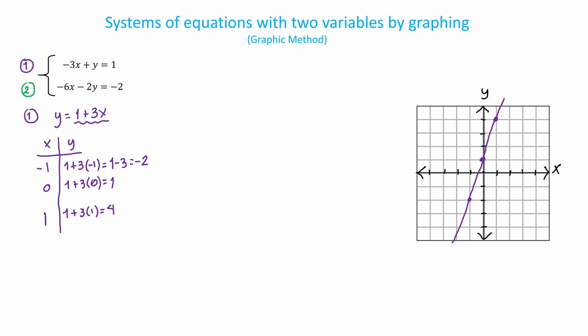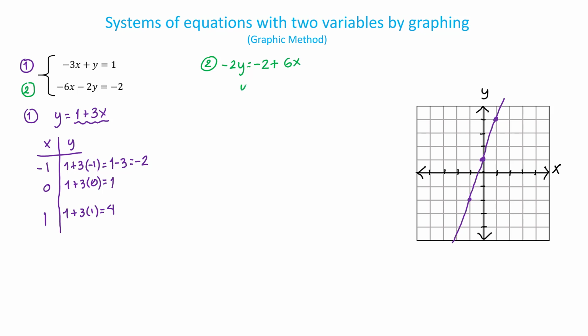Okay. Now let's graph our second line. Number 2. We are going to start by clearing y. So in here we have minus 2y equals minus 2, and negative 6x passes adding, so plus 6x. Now I want the y by itself. That minus 2 that's multiplying y has to pass to the other side, dividing everything.